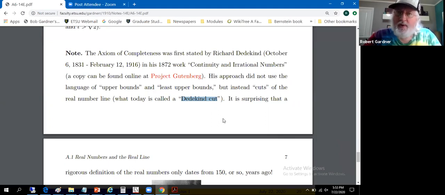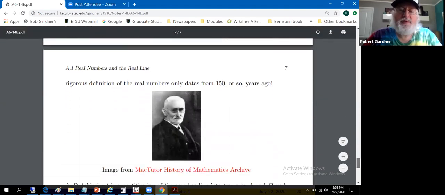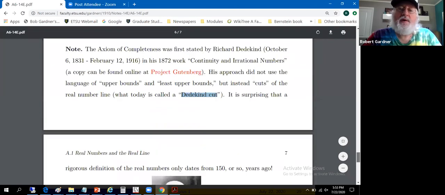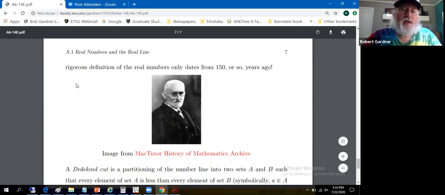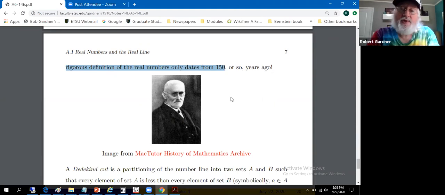So if you want to know who came up with the right idea about the continuum and when, it was this guy, Richard Dedekind, in 1872, only about 150 years ago. So it's rather surprising that a rigorous definition of the real numbers really isn't that old. We've been talking about lines since the Greeks in Euclidean geometry, but a clean, rigorous definition of the real numbers only dates from about 150 years ago.